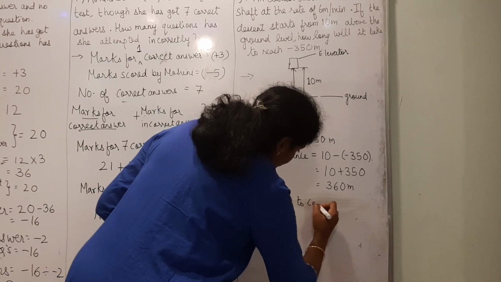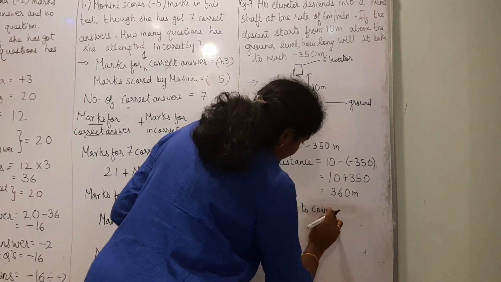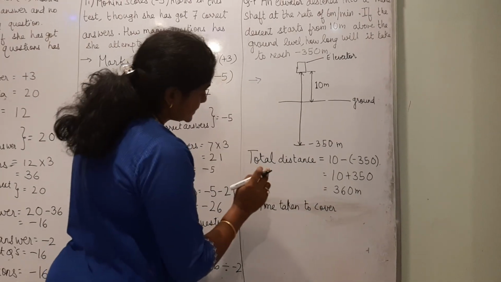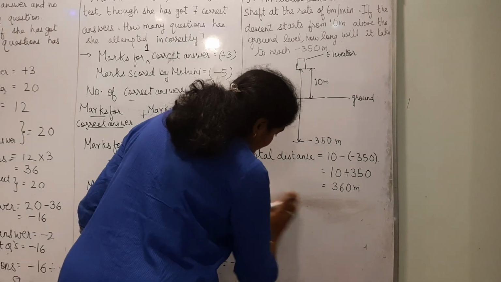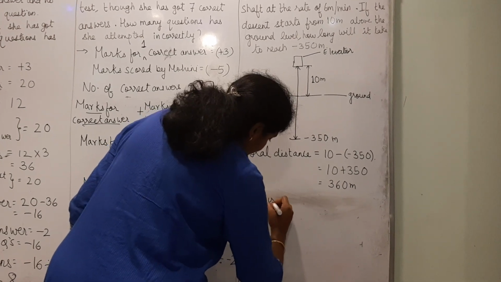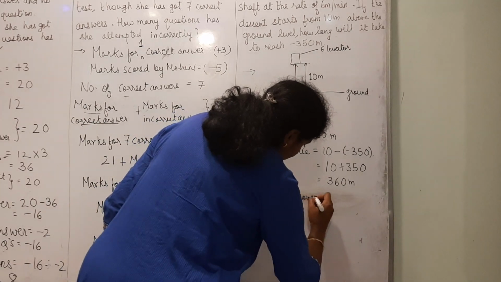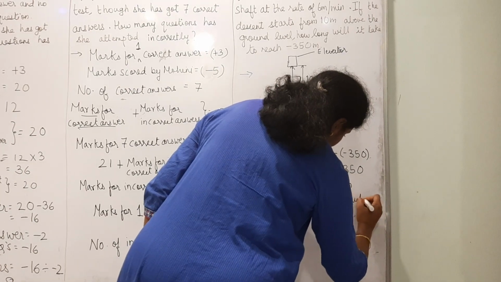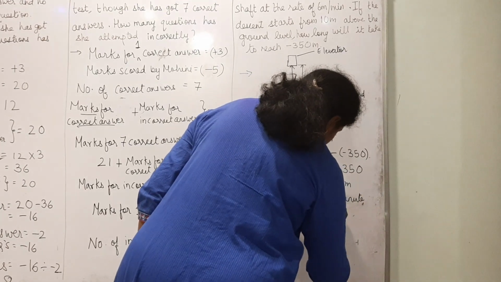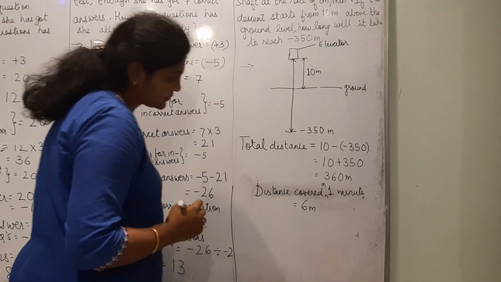I will write both ways. Distance covered in 1 minute is equal to 6.